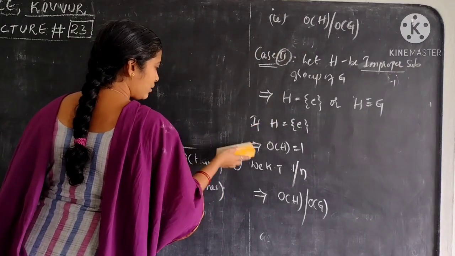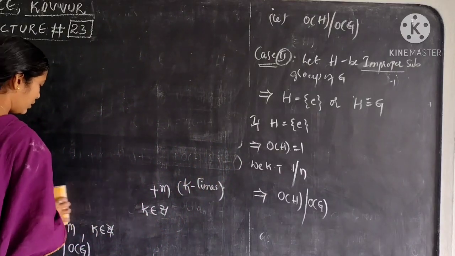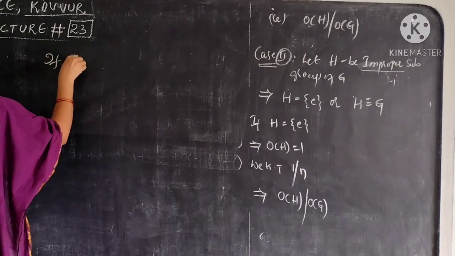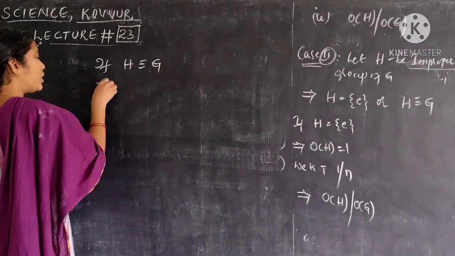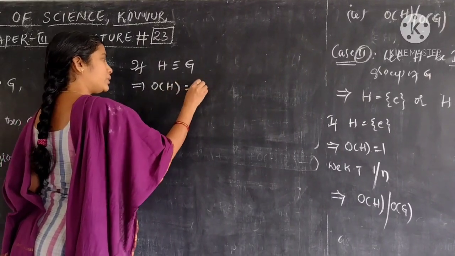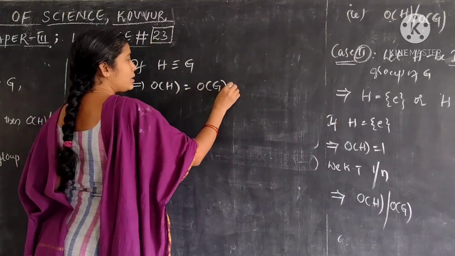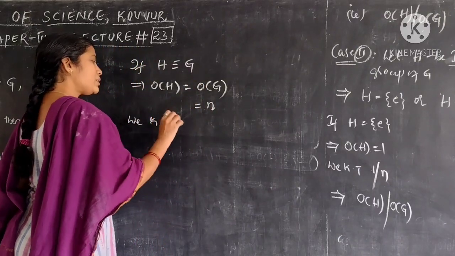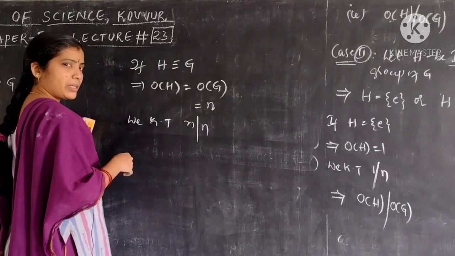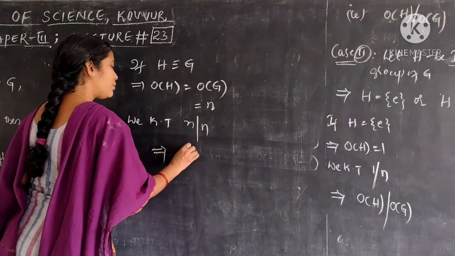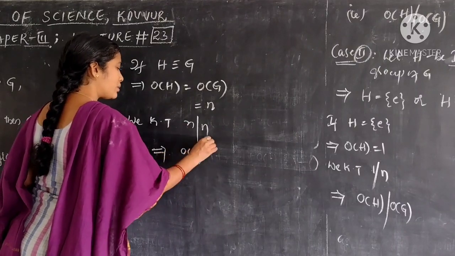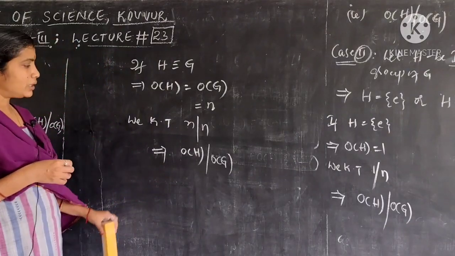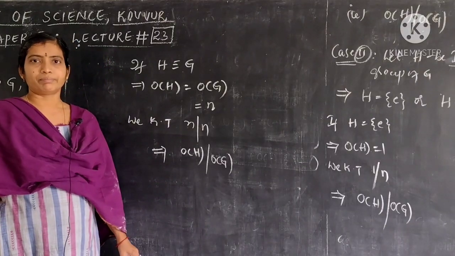Whenever H is singleton {e}, we have proven the result. If H is equal to G, then what is the order of H? It is evidently the order of G. What is this value? This is n. We know that every number is itself a factor, so n divides n. That implies, in one sense we can write n as the order of H and in another as the order of G. Here also we proved that the order of H divides the order of G.